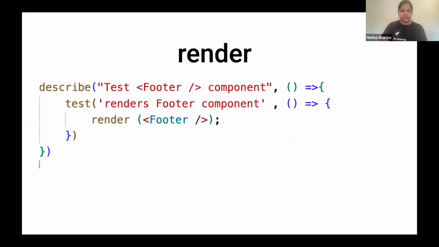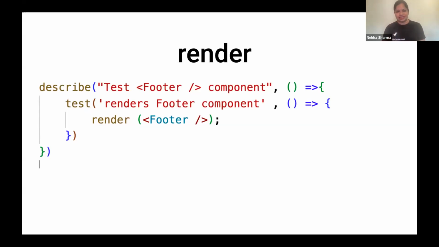Now, moving ahead, I already talked about rendering. But one thing I wanted to highlight here is the describe block. On the top, you will see describe, where we are grouping all our test cases in the describe block. You can write your different test cases, but the good practice for organizing would be to have your describe block, which says, okay, this is the component for which I'm writing the test cases, and put all your tests inside that.